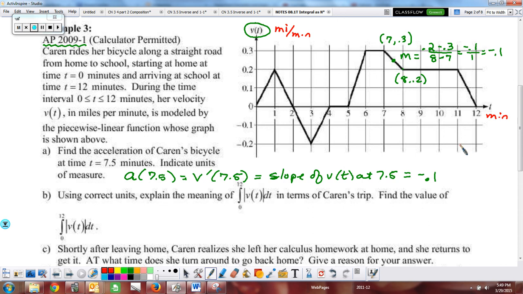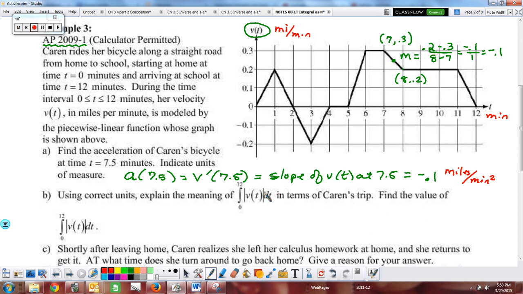And now I'm taking the change in miles per minute over minutes, which would give me miles per minute squared. All right, so using your graph, finding your acceleration.